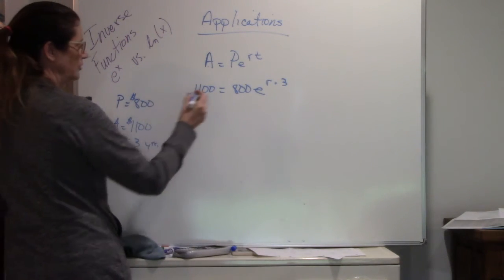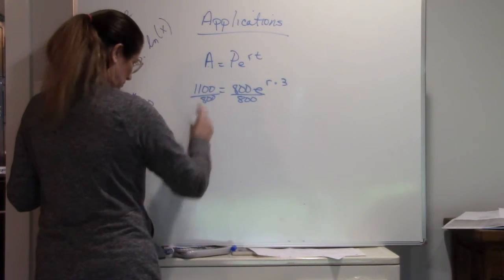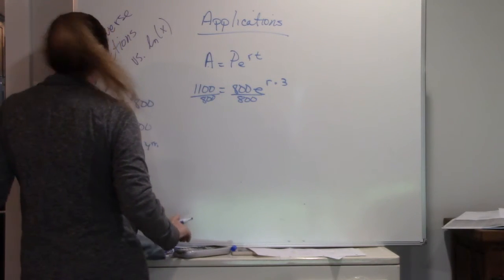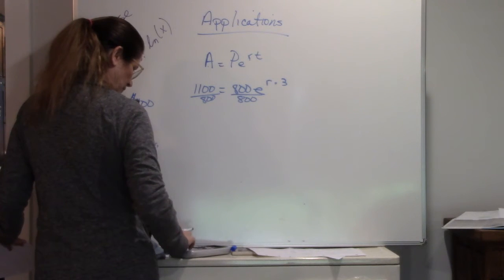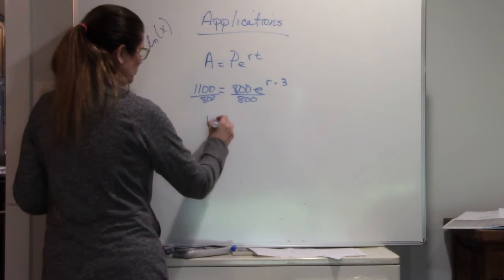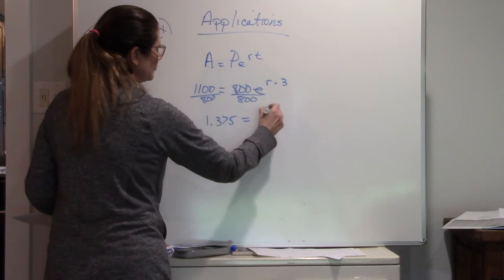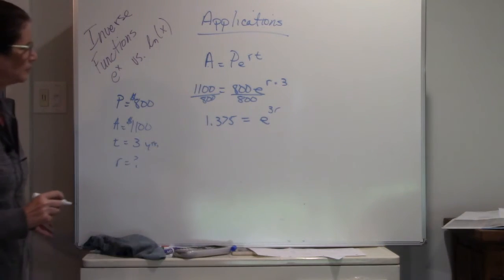So you know how to solve it. You're going to divide both sides by 800. 1,100 divided by 800 is 1.375 equals e raised to the 3R. I'm just going to flip this because most people like to see the number first.